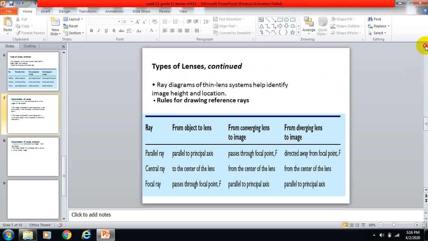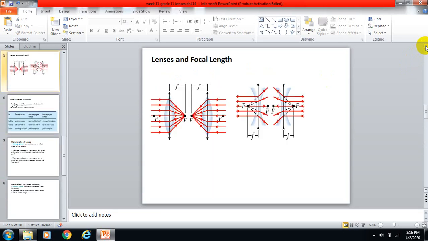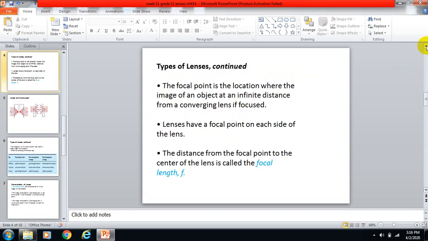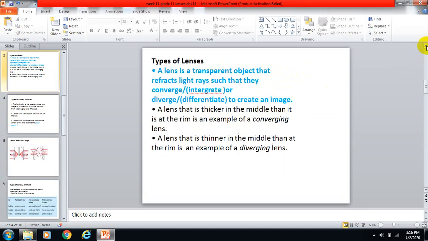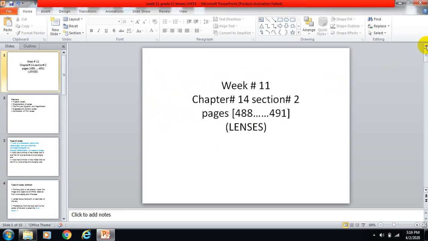You need to focus on the types of lenses. Look at the diverging and converging lenses. For types of lenses and what the focal point is, you need to consult the book. A lens: converge is to integrate, and diverge is like differentiate, to spread something.